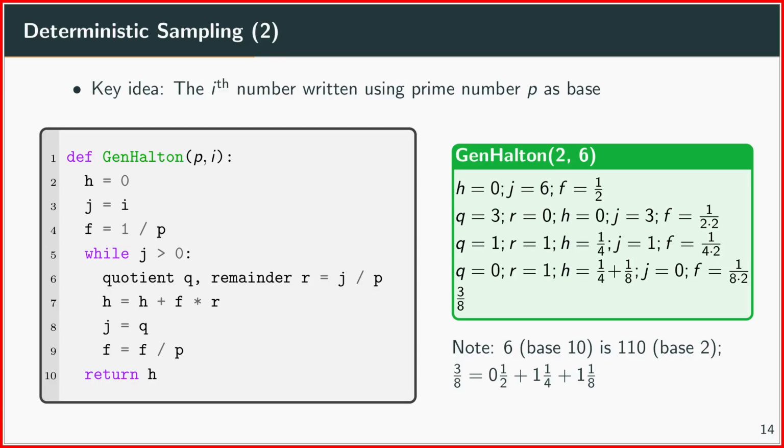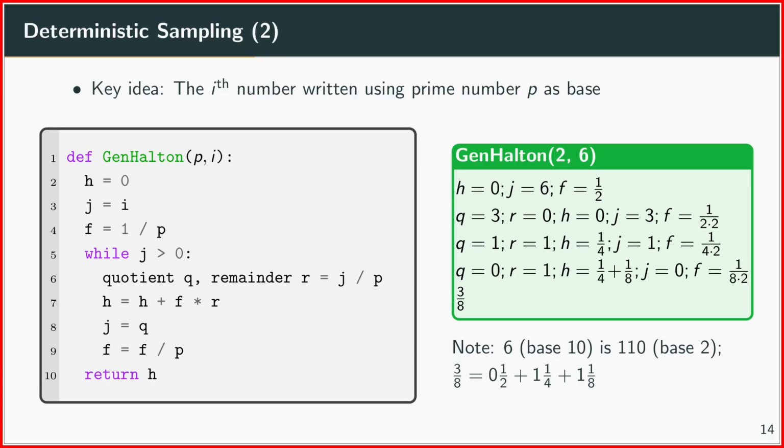So let me just continue here. We have the first iteration where h is 0, and then in the next iteration you have j is equal to 3. You divide 3 by 2. You get here q is 1, and the remainder is also 1. You update your h. h becomes 1 divided by 4. You update your f and your j, which become 1 and 1 divided by 8.